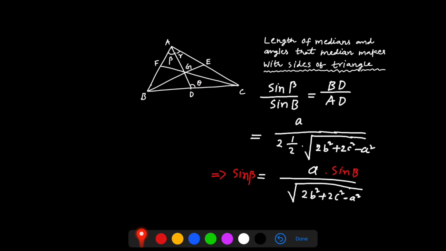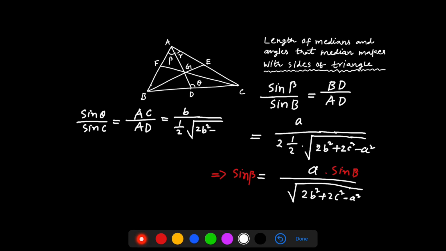So sin theta by sin C will be AC by AD, and as we see AC is b, and we have shown that AD is half of root over 2b square plus 2c square minus a square.